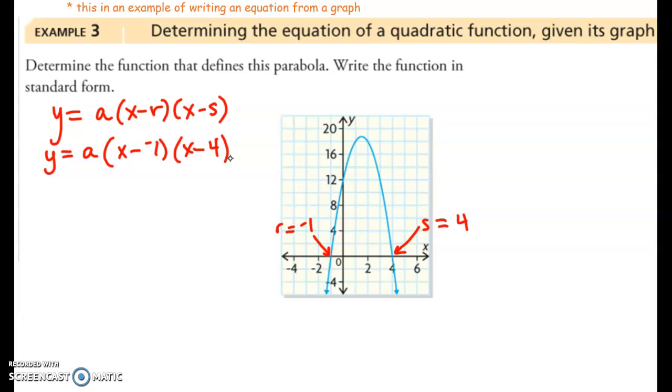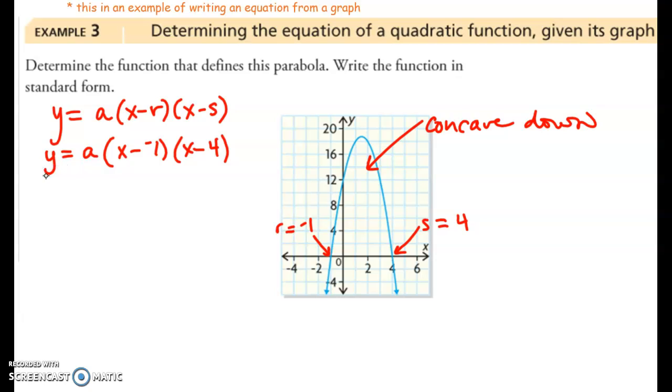What do we know about a? Well, we do know that a is going to be a negative number, right? Because this is concave down. So a has to be negative. But we don't know specifically what a is. So what we're going to do is pick any other spot on the graph.